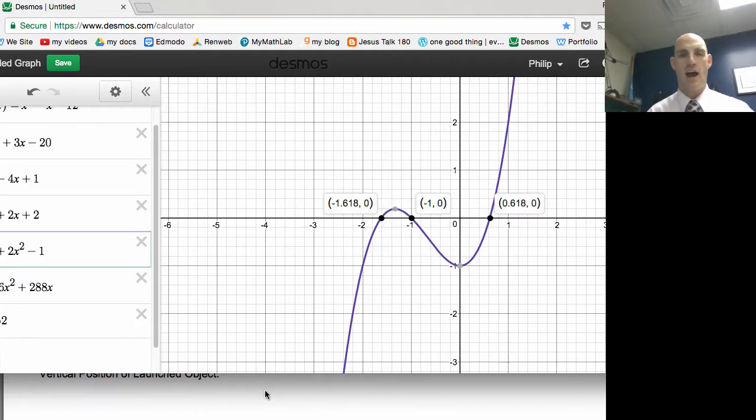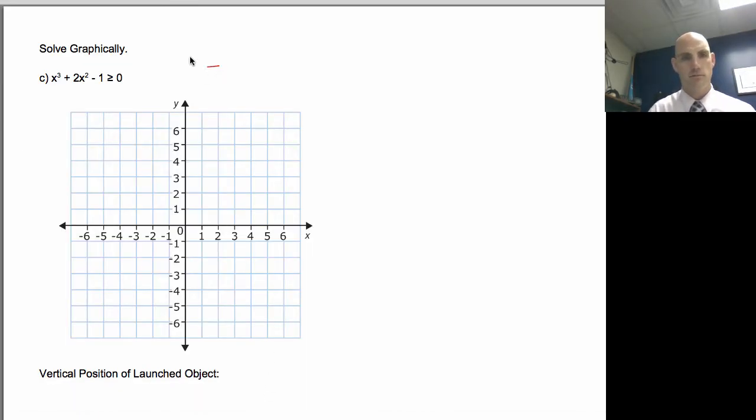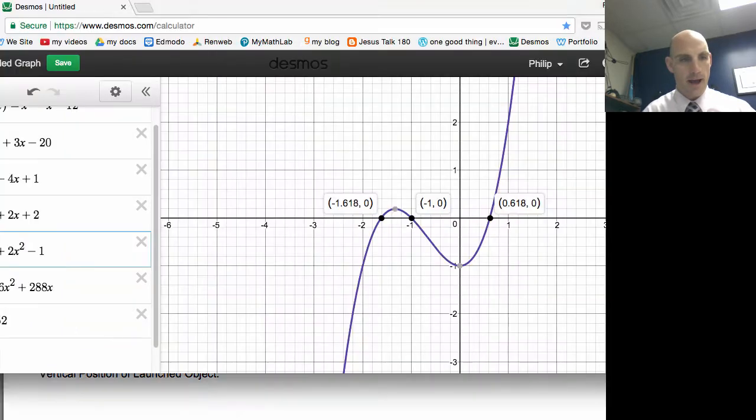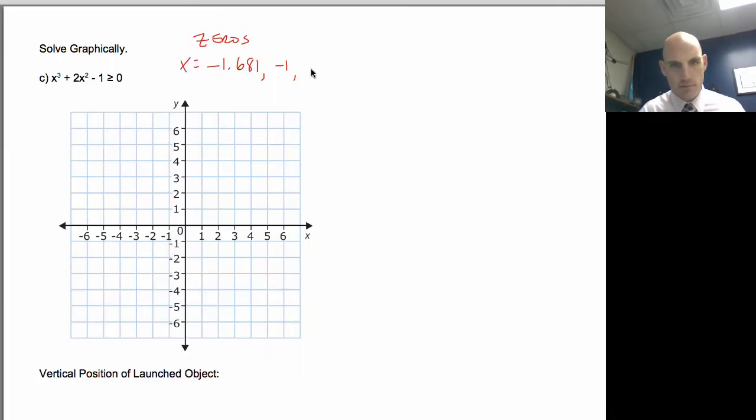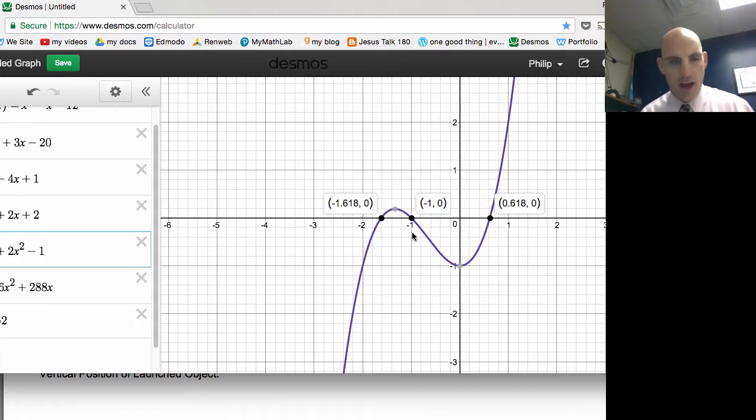Find the zeros: negative 1.618, negative 1, and 0.618. So at negative 1.618 and at negative 1, 0 and at 0.618, it goes like this. Check it out. It goes up and then down.